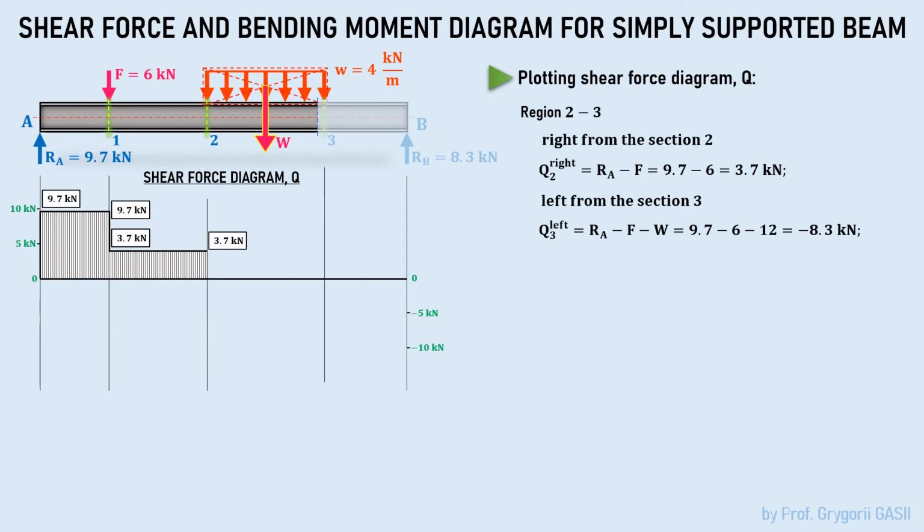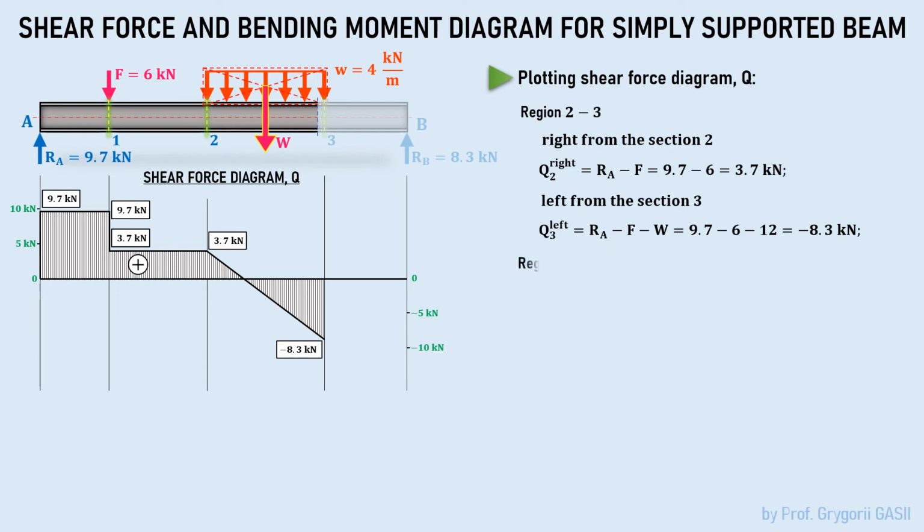Put this ordinate on the diagram and link it with a continuous line with the previous ordinate in section number 2. As you can see, this line intersects the baseline of the diagram, that is, where the shear force is 0. We also see that the sign of the shear force changes from plus to minus, but this is of no fundamental importance.